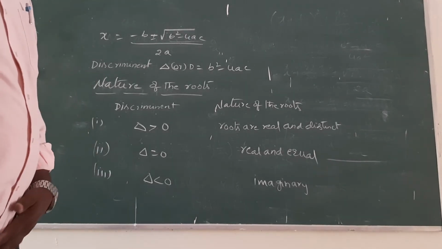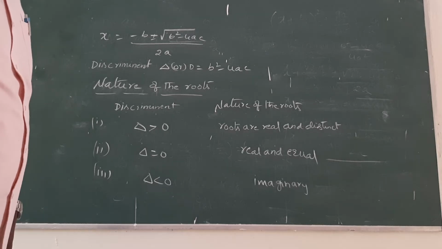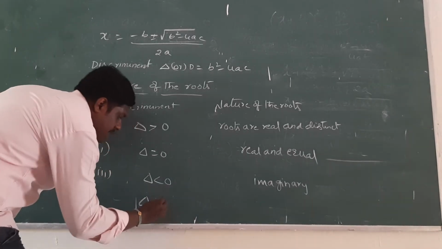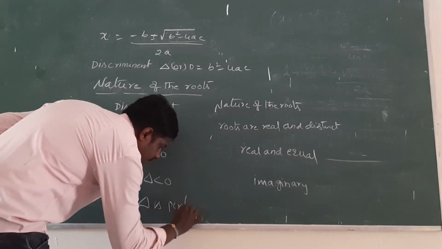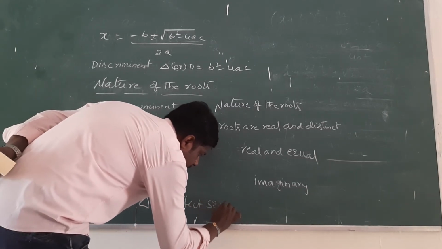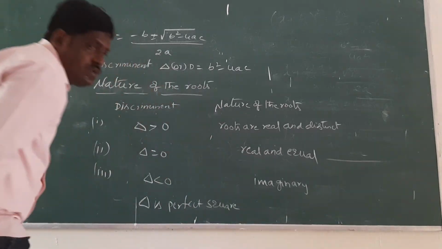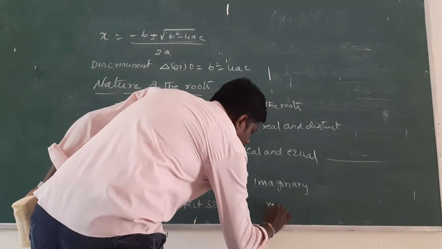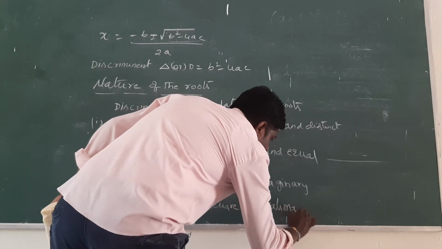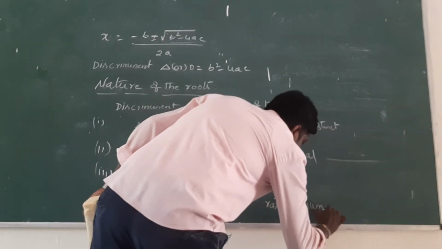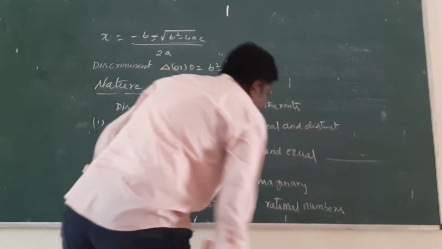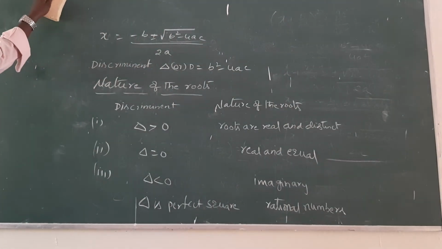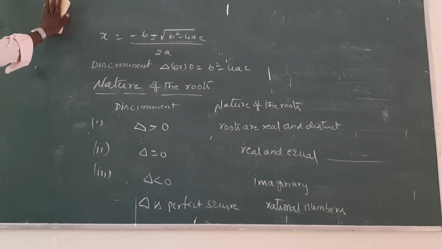If D is a perfect square, the roots are rational numbers. This is about the nature of the roots. The nature of the roots depends on the discriminant only.